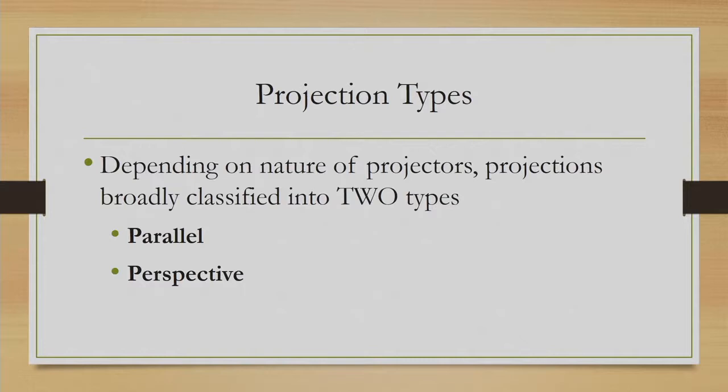Now, depending on the nature of projectors, we can have two broad types of projections. One is parallel projection, one is perspective projection. There are many subtypes also, but here we will not go into the finer details of different types and subtypes. Instead, we will restrict our discussion to these broader types.